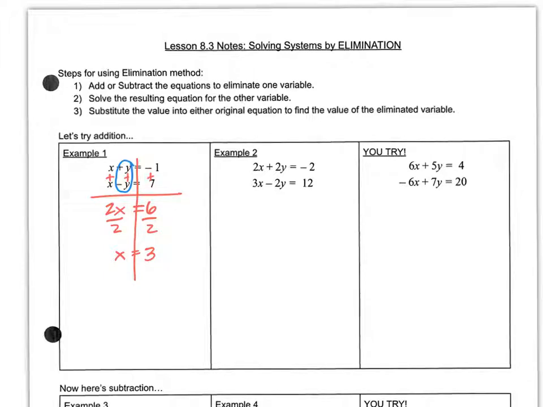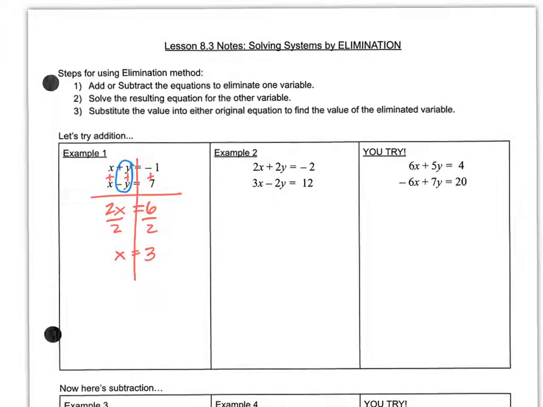Once we get to this point, remember we're only halfway done. We have to figure out what y is. In order to find y, we need to use one of our original equations. We could use x plus y equals -1 or x minus y equals 7. I don't know which one would be the easier one, so it doesn't really matter.